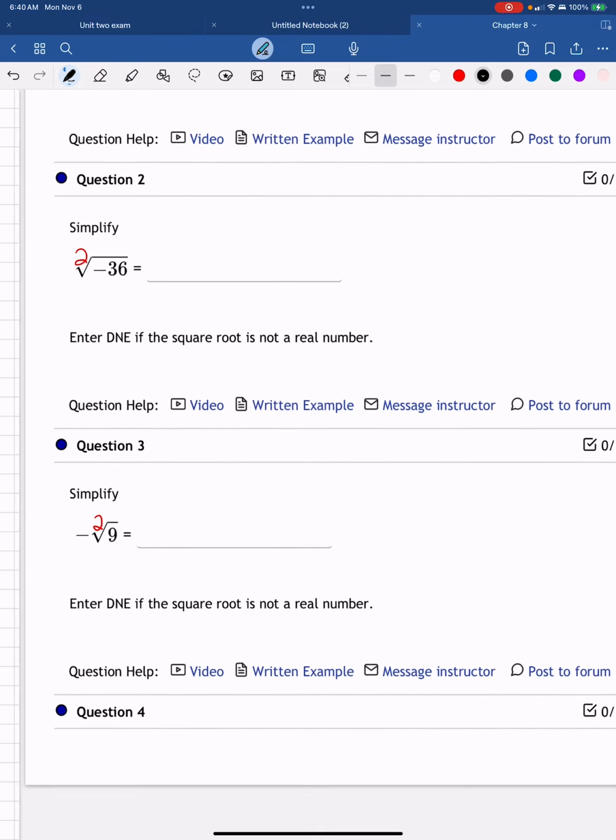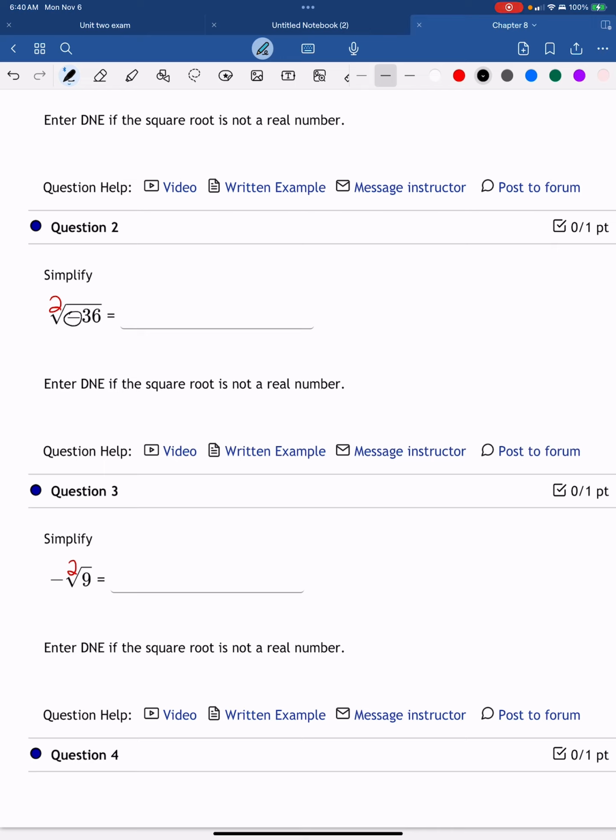Here in number 2, there's a negative sign on the inside. This is even. So if we have an even root, we need positive on the inside. So this does not exist. Later on, I think in pre-calculus, you learn that the square root of -1 is this number i.